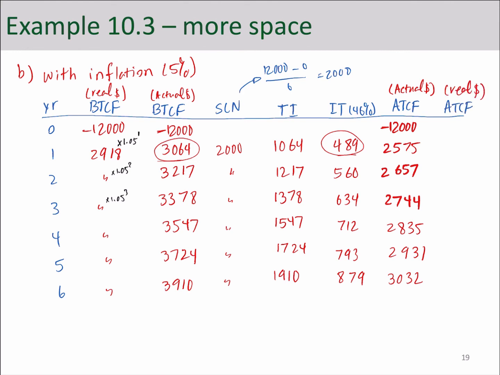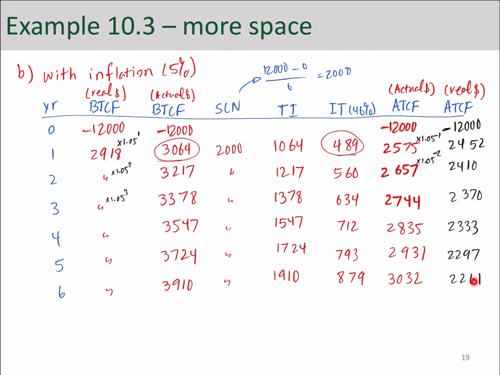That would be negative 12,000 for year 0, but starting from year 1, in order to get to the real dollar, we have to multiply these values by 1.05 to the negative 1, 1.05 to the negative 2. Basically, we're taking away inflation from these values. Therefore, we end up with 2,452 for year 1. So here you're looking at the real dollar after-tax cash flow, and that is what matters.